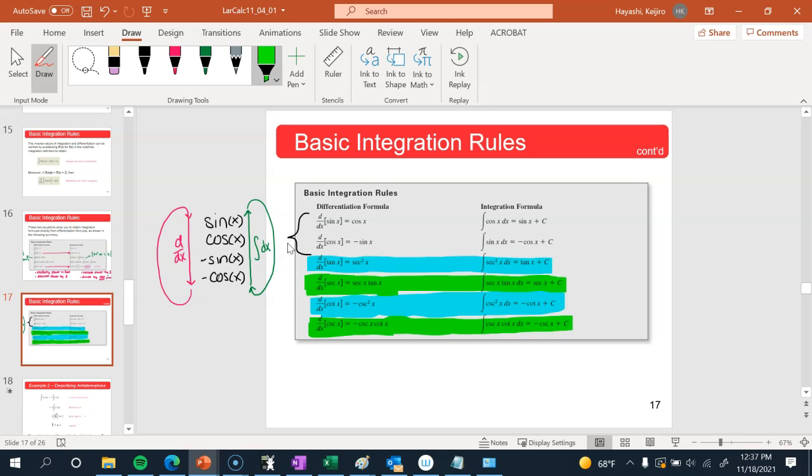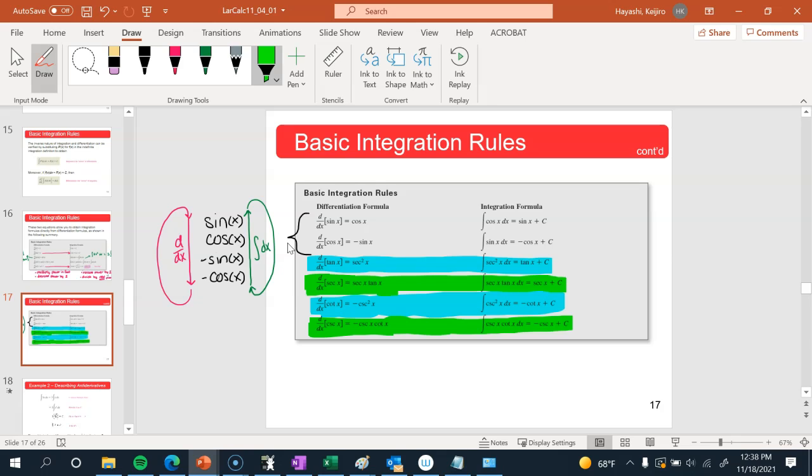And it's possible that at this time you're wondering, well, yeah, those are the derivative rules in reverse, but what if you wanted to find the integral of secant by itself, or the integral of tangent by itself, or cosecant or cotangent by themselves?